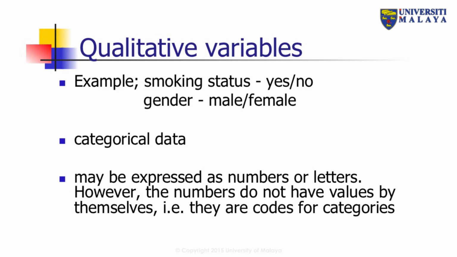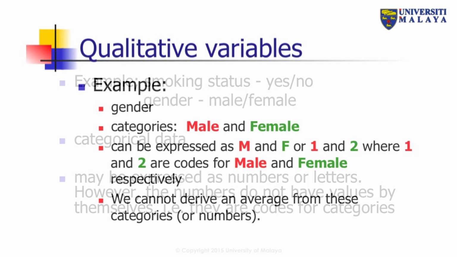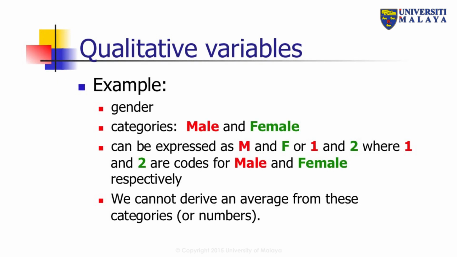On the other hand, smoking status or gender are qualitative variables or known as categorical data. This variable may be expressed as number or letters. However, the numbers do not have values by themselves because they are merely codes for categories. For example, for gender, there are two categories, which is male and female.